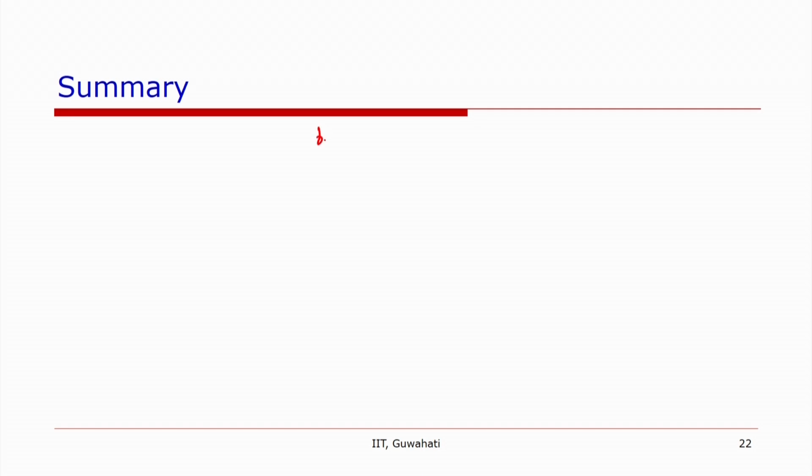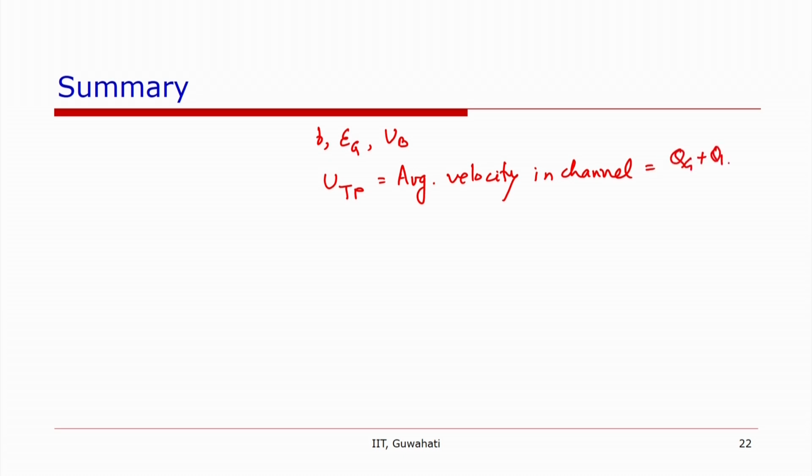So b, epsilon g, and UB relationship. We have also looked at that UTP is the average velocity in channel, which is equal to QG plus QL over channel cross sectional area.